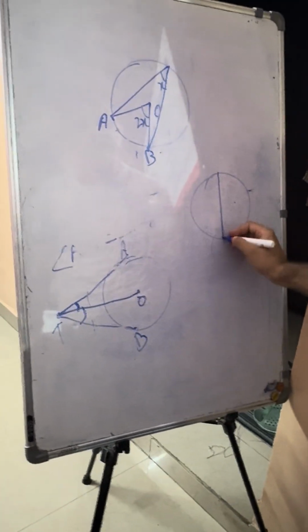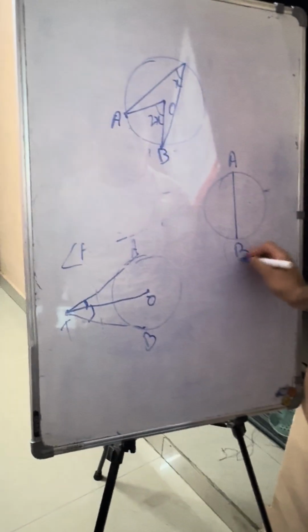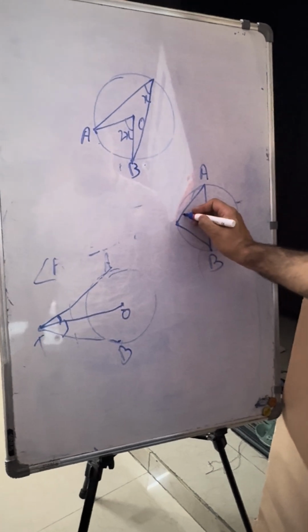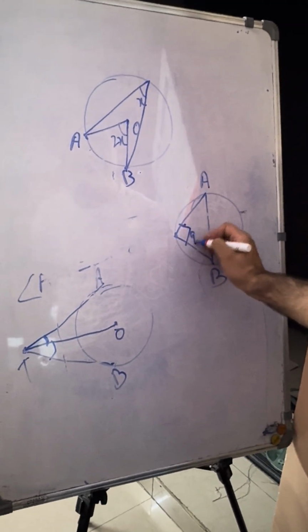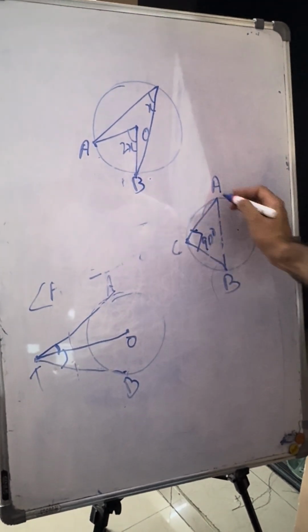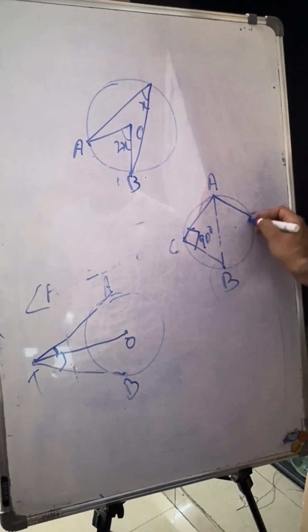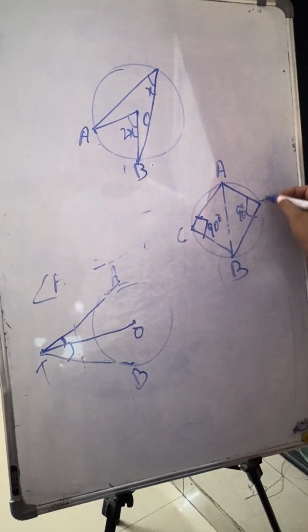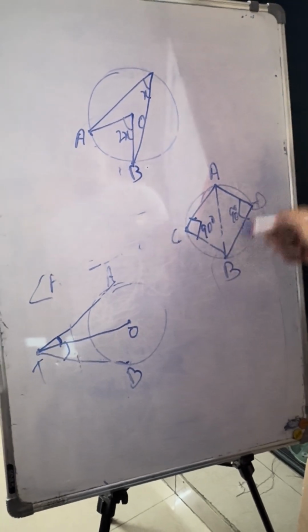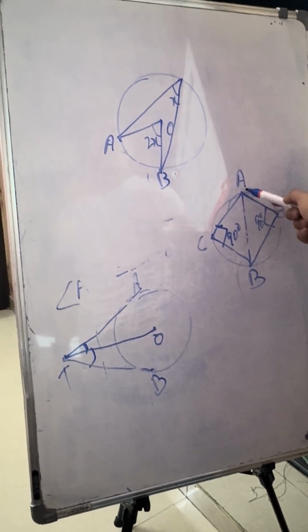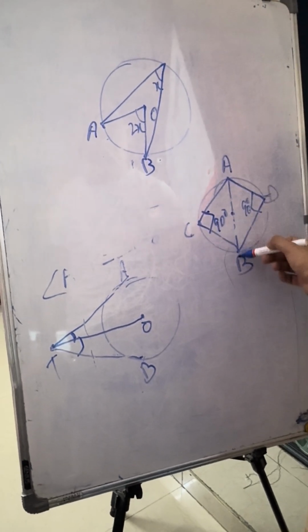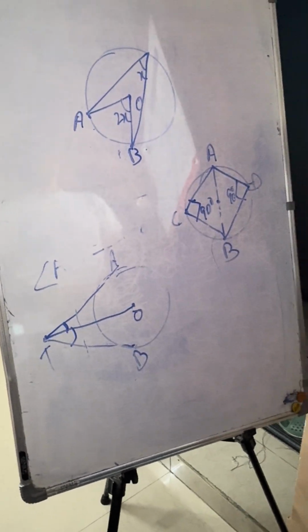The diameter could be vertical, AB, and if I draw from this point, you don't have to calculate, just write 90 degrees at point C. Or even here, at this point D, this will also be 90 degrees. So you can just use the theorem and give the reason as angle in the semicircle, provided it is the diameter, whether vertical or horizontal.